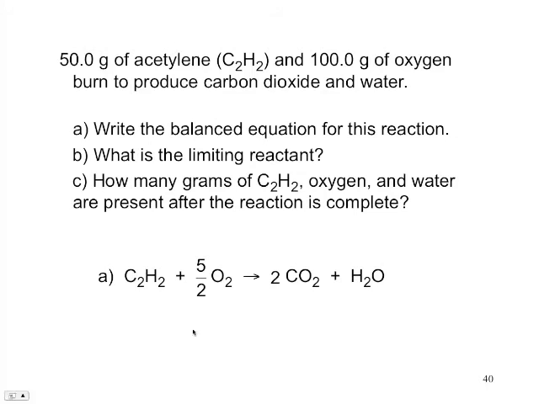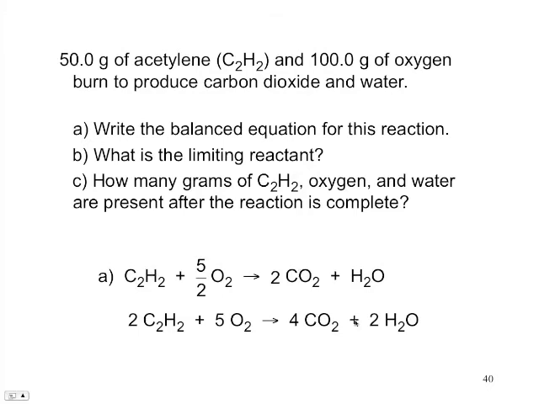So we have a 5 halves to 1 mole ratio in our recipe, right, of oxygen to acetylene for making CO2 and water. Often what you will do is you'll remove fractions in stoichiometric coefficients. It's not necessary, but it's commonly done. Right?